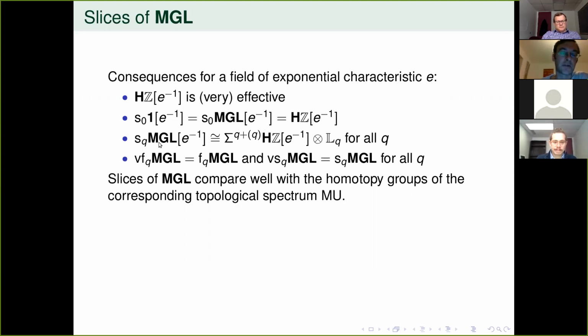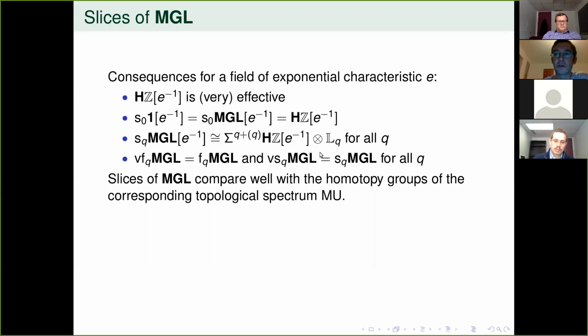Yeah, we also get then, this is work of Spitzweck again, a computation of the higher slices of algebraic bordism as an appropriate suspension of suitably many copies of the Eilenberg-MacLane spectrum, and the degree q part of the Lazard ring tells you how many copies you need.